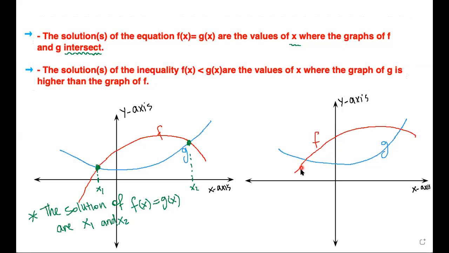So here we have two functions. This is the first function, and this is my second function, the g. And the question is, what is the solution of the inequality when f of x is less than g of x?